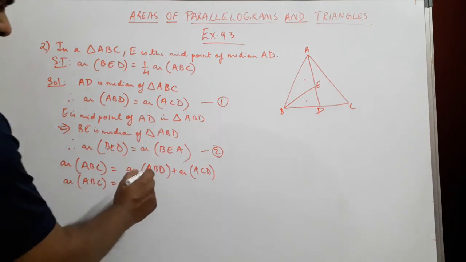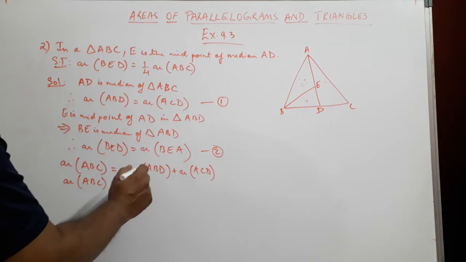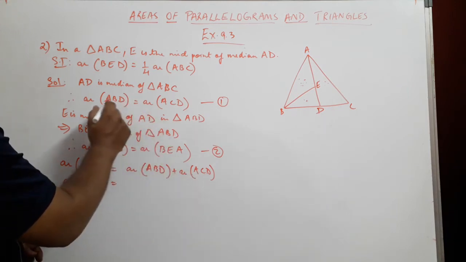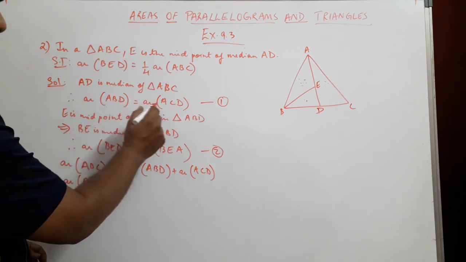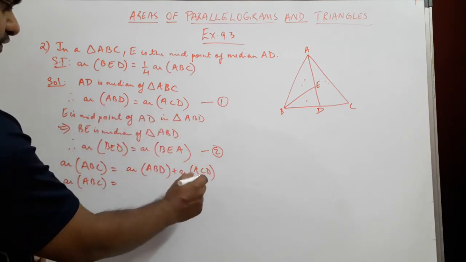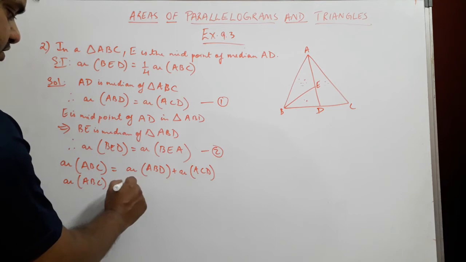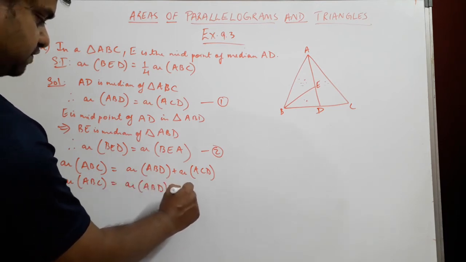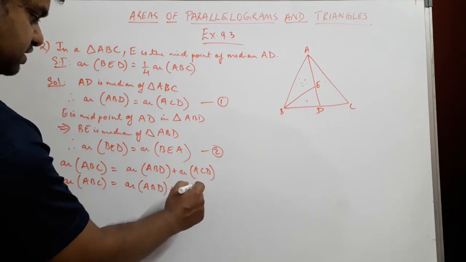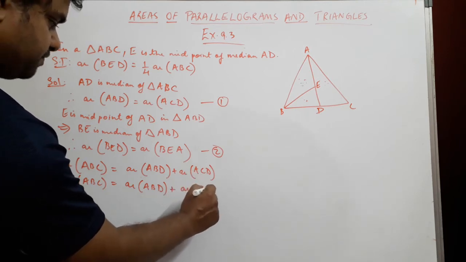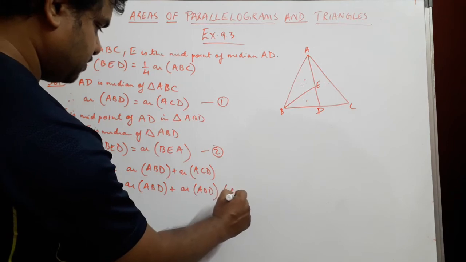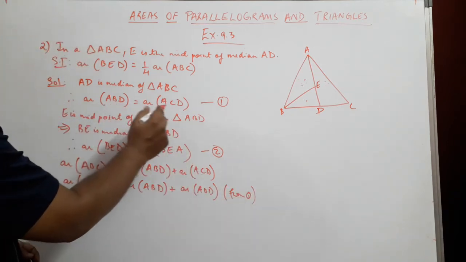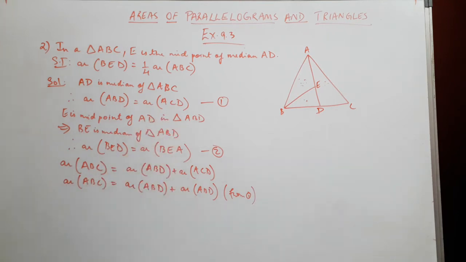Now we have got area of triangle ABD is equal to area of triangle ACD. So instead of area of triangle ACD I'll put area of triangle ABD, and the reason I can give is from 1, because area of triangle ABD is equal to area of triangle ACD.